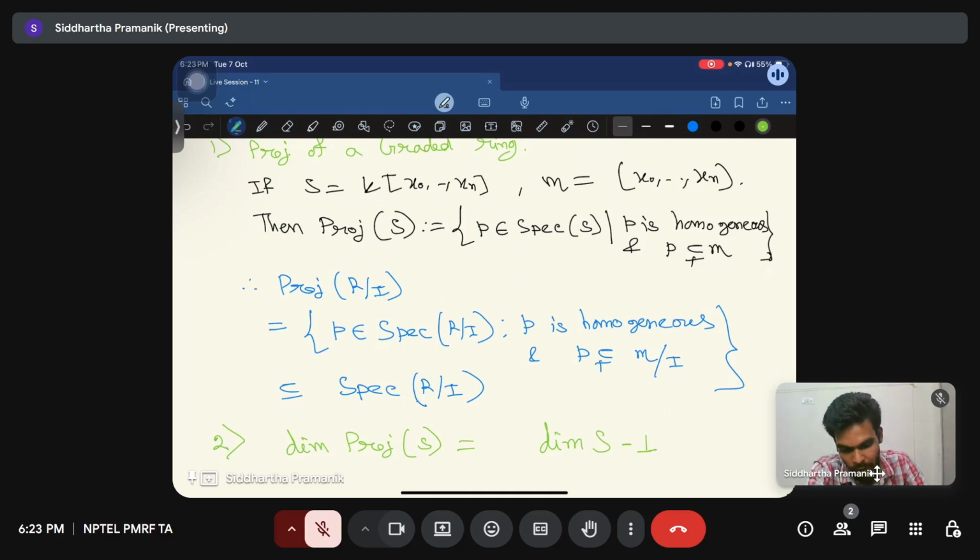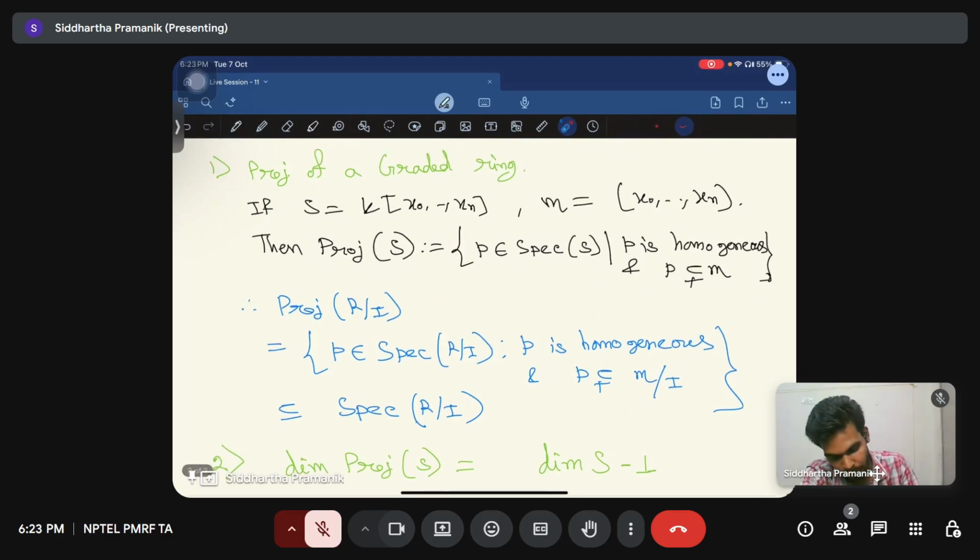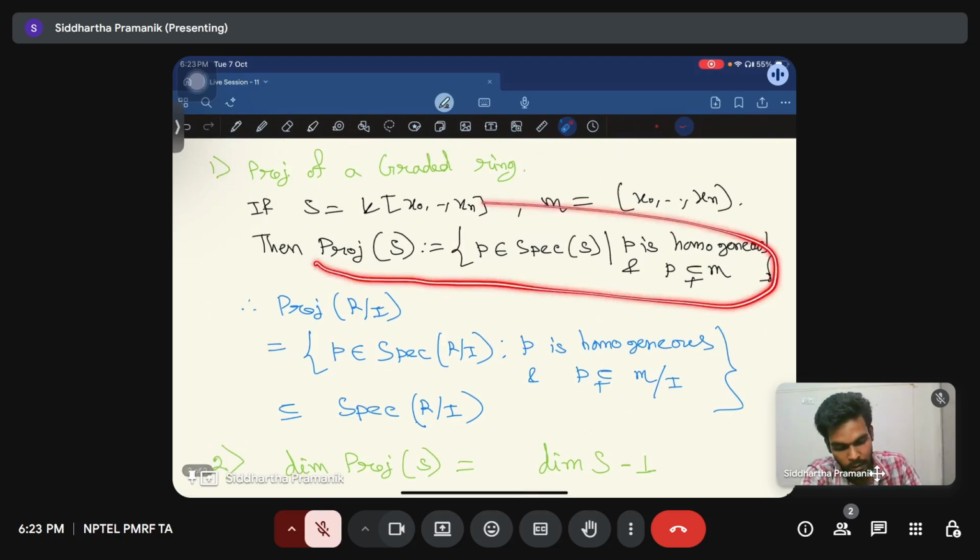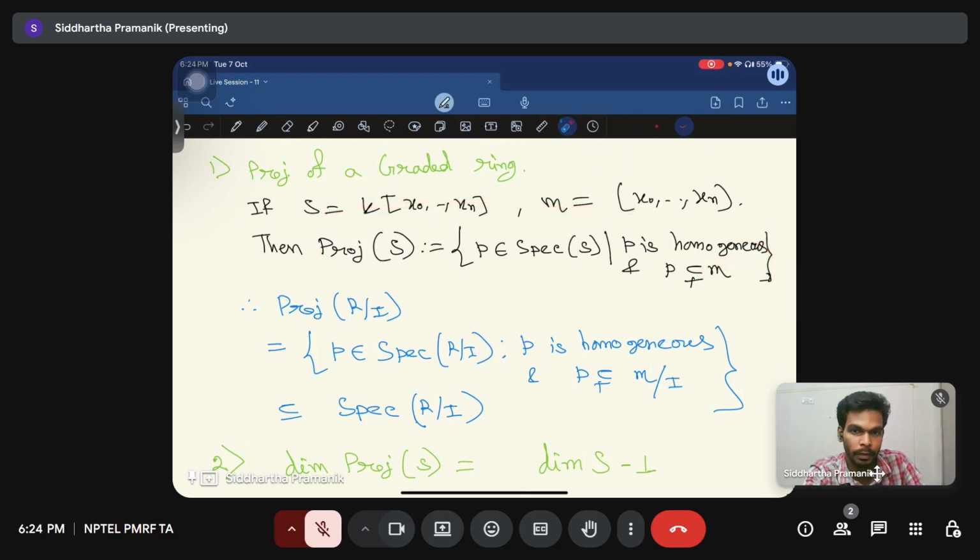One easy way to see this is that while we are defining Proj of S, we are omitting one prime ideal, which is the maximal ideal, right? So this extra prime ideal will decrease the dimension by 1. So that is why we have this relation.